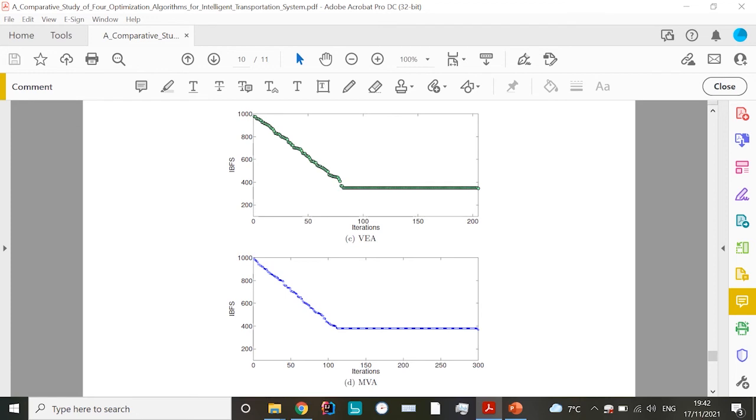And finally, volcano eruption algorithm and also multiverse algorithm have been simulated, and you can see that after approximately 80 and 120 iterations, the optimal solution of the problem has been found.